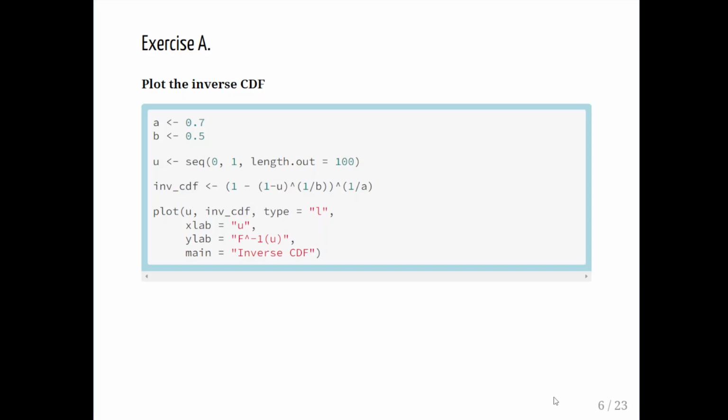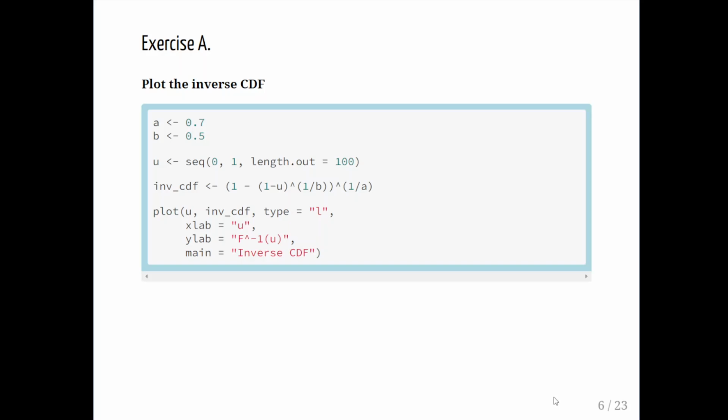So a uniform random variable essentially is what that means. Our function is inv_cdf, and essentially we're going to implement the inverse cumulative distribution function there. So we have 1 minus u to the power of 1 over b, all to the power of 1 over a.